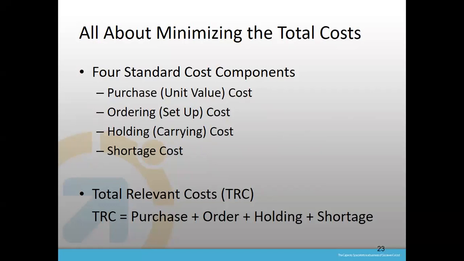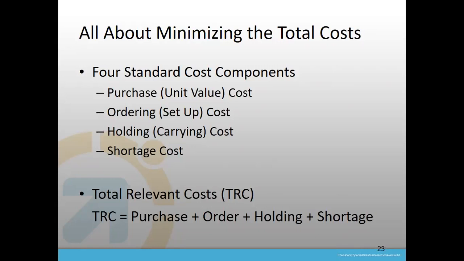If we're a trading company, we buy chairs, we sell chairs, then how much do we pay for the chairs? If we are a factory, how much do we pay for the components, for the backrest, for the seats? Then are the ordering costs, the cost that we have to place one order. I will go through all four of them in more detail in a moment.